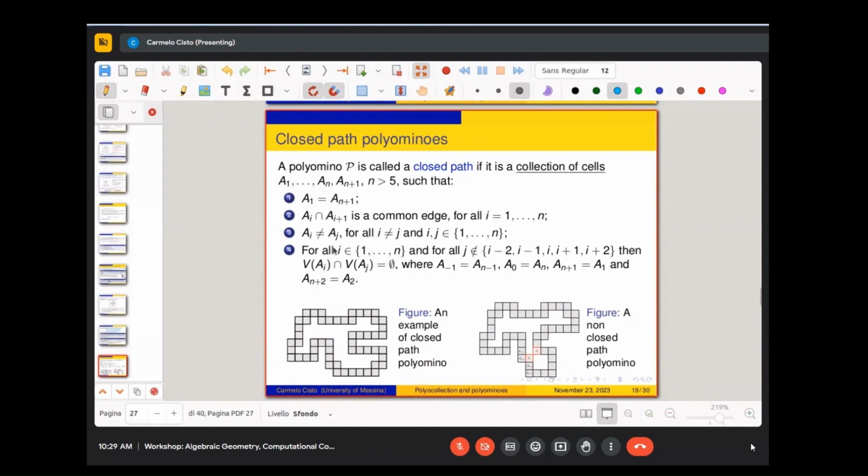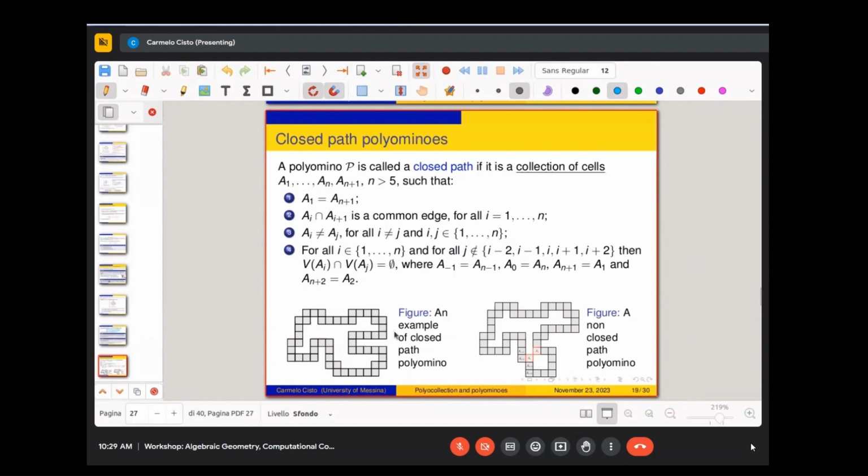That is, if I consider a cell Ai, then for all cells Aj with j belonging to this set of indices, the intersection of the vertices of both cells is empty. Okay, you can see intuitively what I mean by closed path from these two figures.